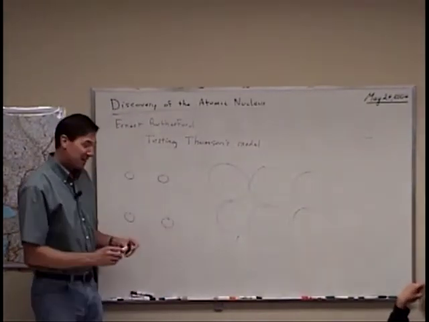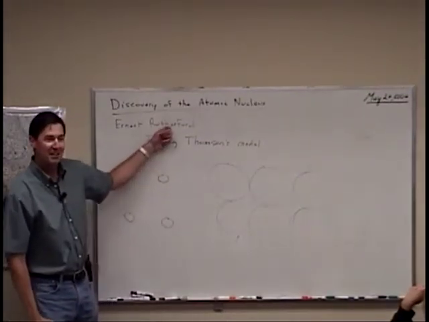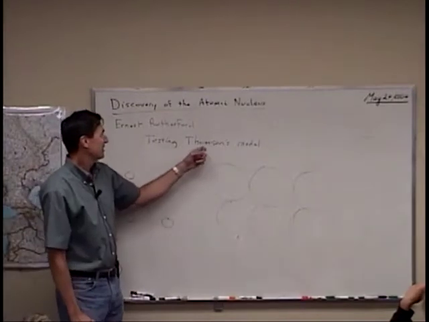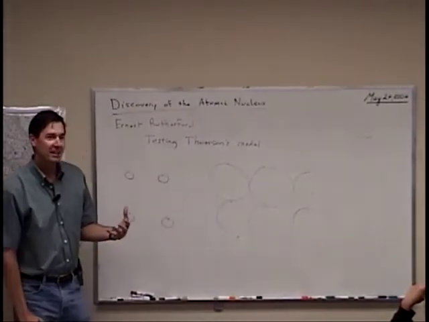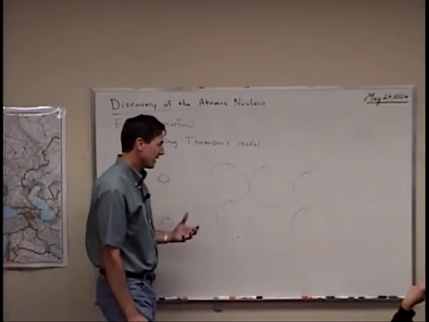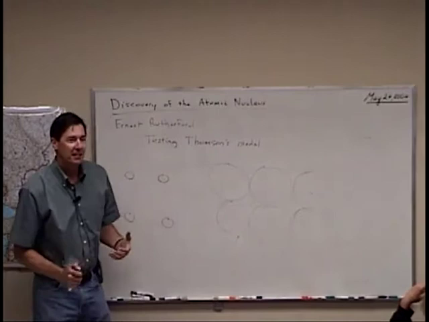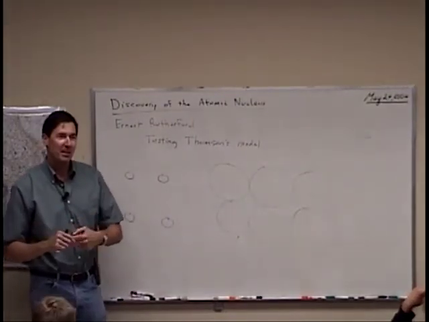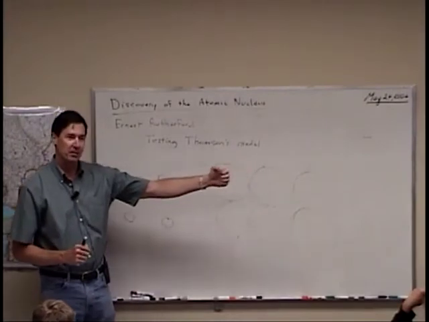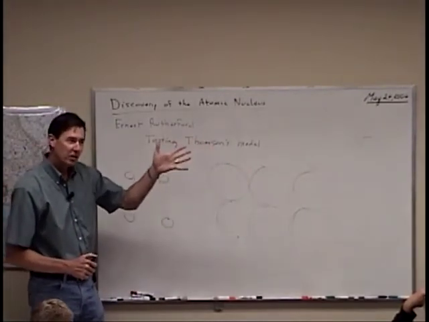Okay, so this was basically Rutherford's idea for testing Thomson's model. What if I take these helium nuclei, these alpha particles, filling in for the baseball, and shoot them at some material? Now, the material he chose was a very thin gold foil.